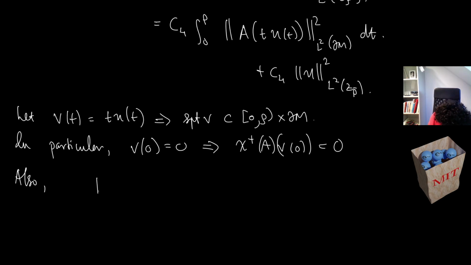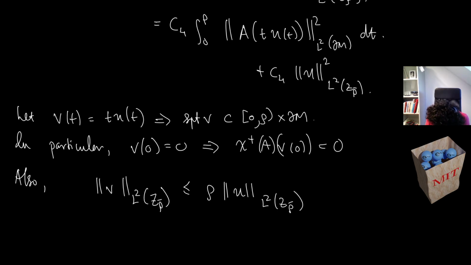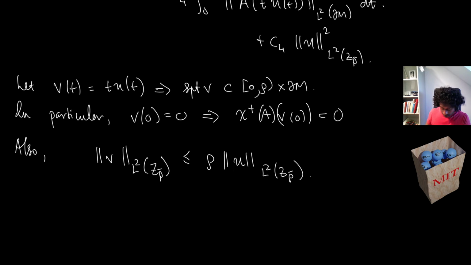So we also have that the L2 norm of v on Z rho is less than or equal to rho times the L2 norm of u on Z rho. Okay? Good.